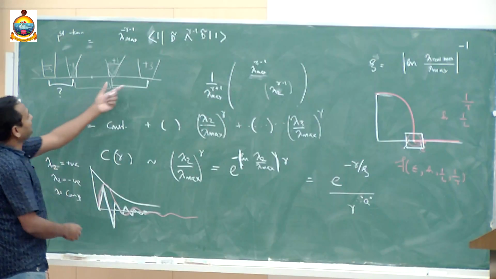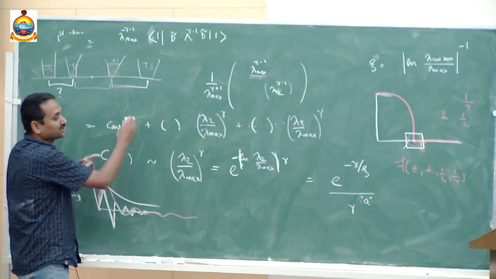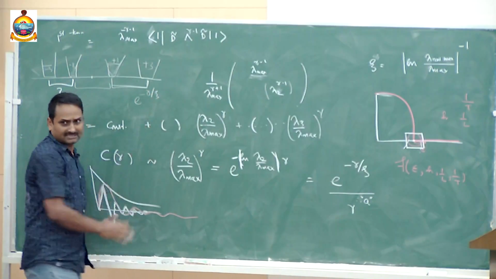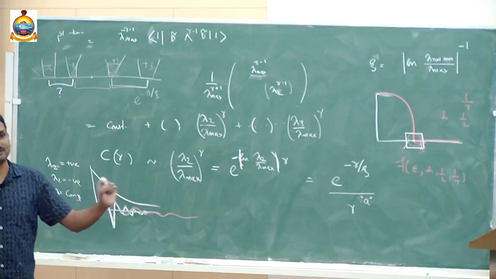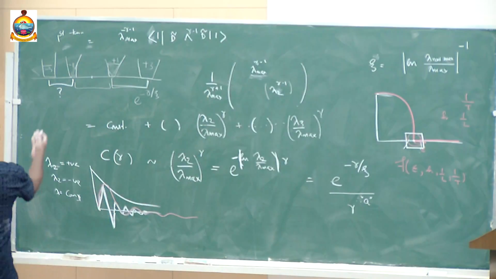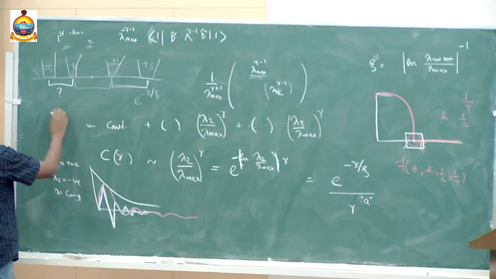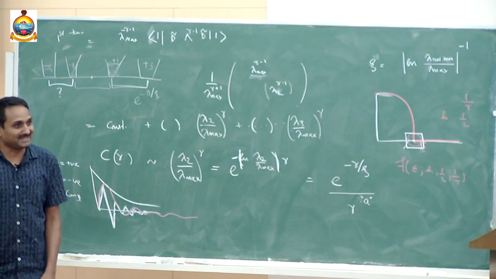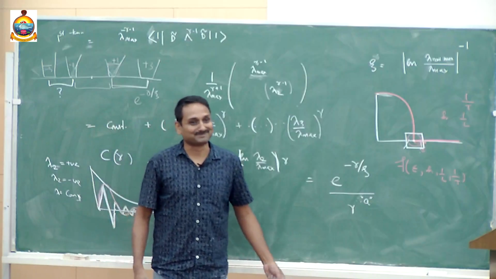So now if there is a scale, the function should be behaving like e to the power minus r by xi. Okay, xi is the length scale, that is this nanometer, whatever. So this side also you have a scale, right? But this one is a power law, right? But then how is it possible that you connect this side, there is a scale and then exponential, and then you say now power law and then you say exponential and exponential.